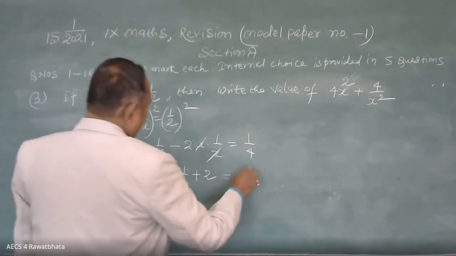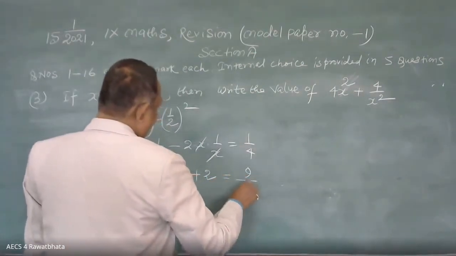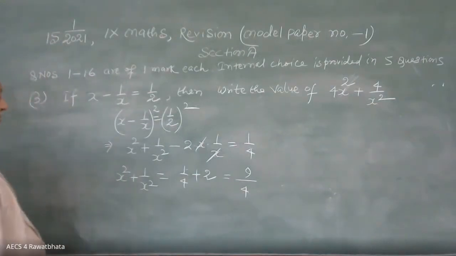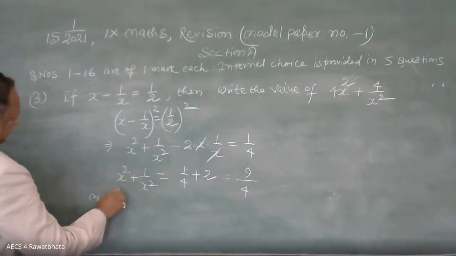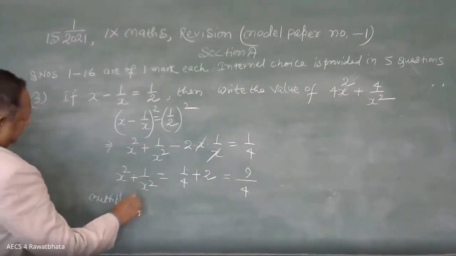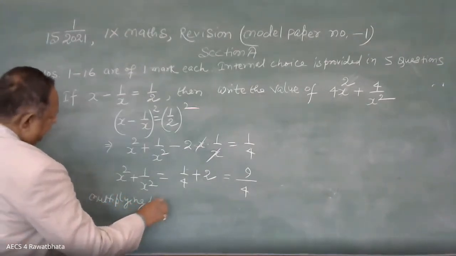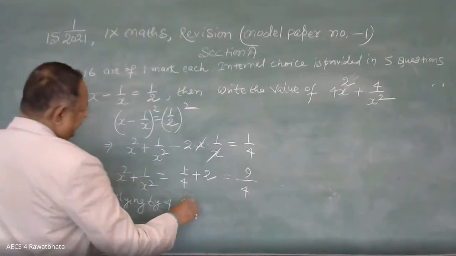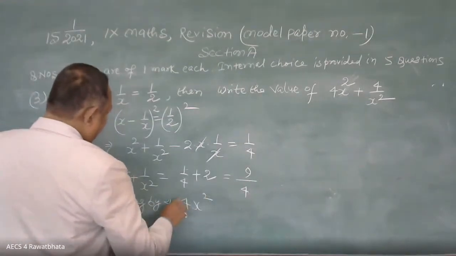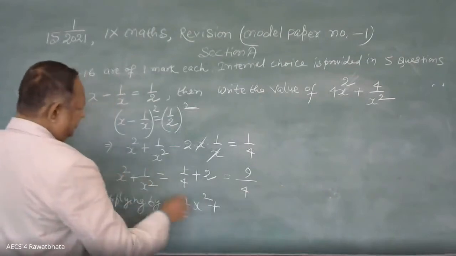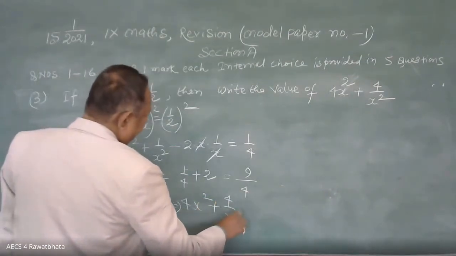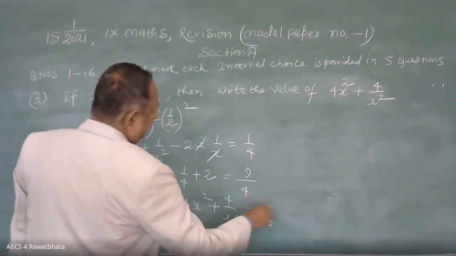That is 9 by 4. Multiplying by 4, we have 4x square plus 4 upon x square. 4 cancel, 9.